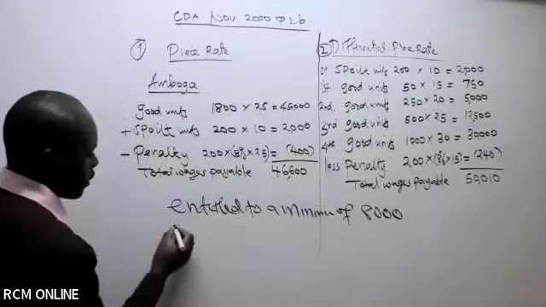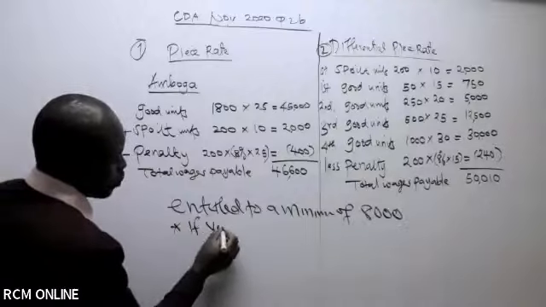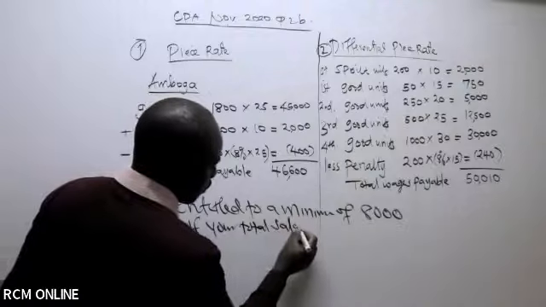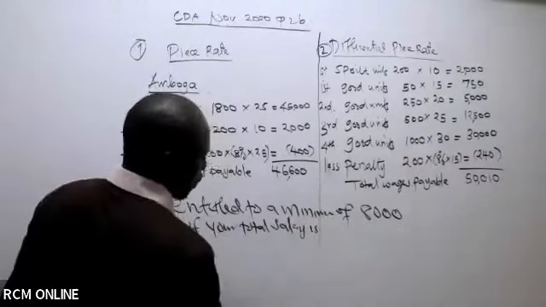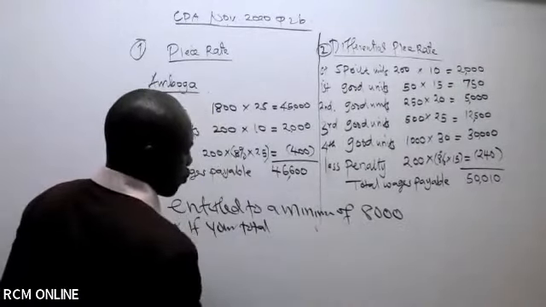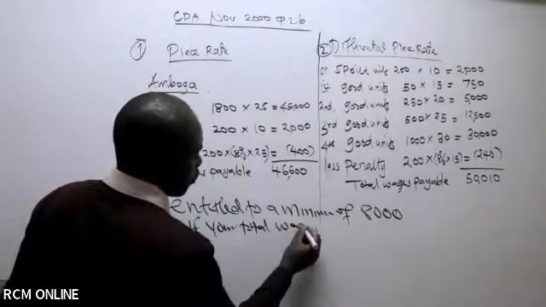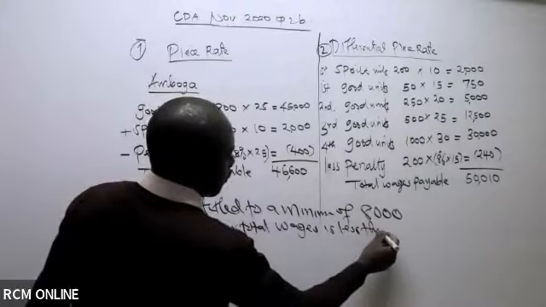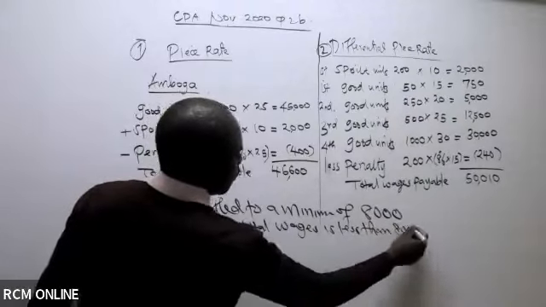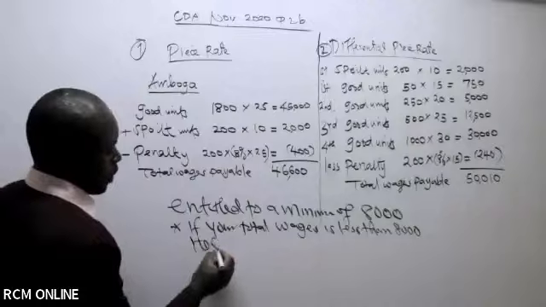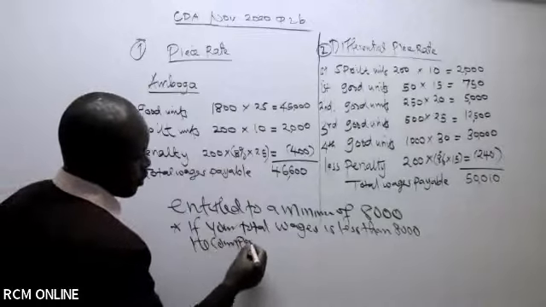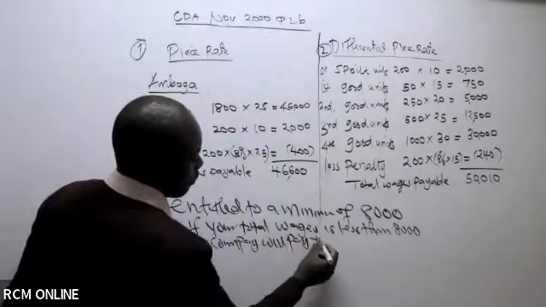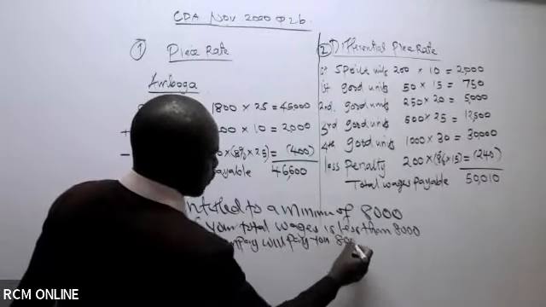That is to say, if your total wages is less than 8,000, the company will pay you 8,000.